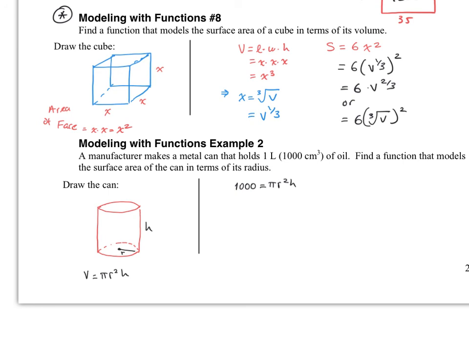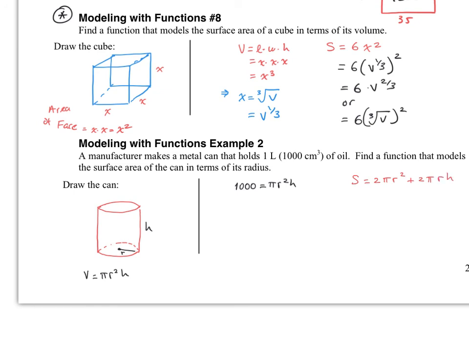And it's asking you to write the surface area in terms of the radius. That means that the surface area has to have r as the main variable. Now the formula for the surface area is equal to 2 pi r squared plus 2 pi r h.